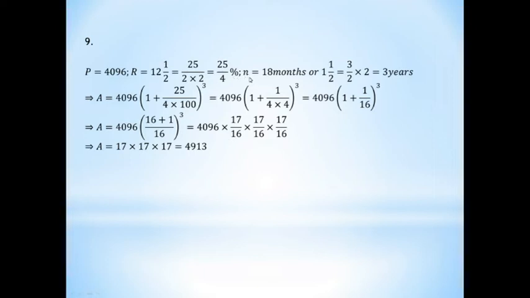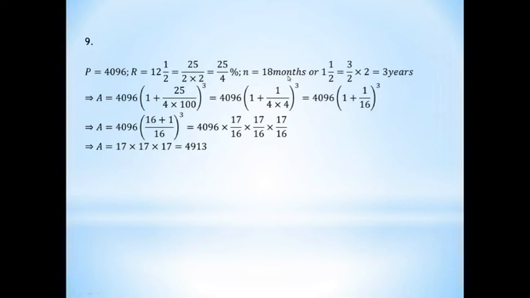Then time is given in months, 18 months. If you want to make it into years, in 1 year there are 12 months. Then in 18 months, after taking 12 months, 6 months will remain.